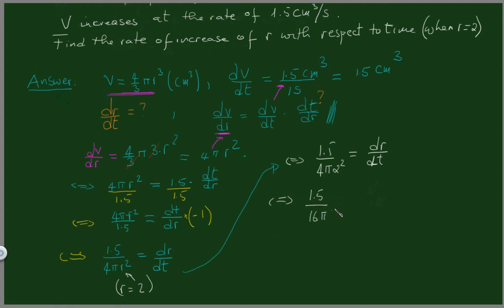Talking about the unit, remember this one here, we said it was centimeter cube per second, divided by the radius, which we squared, so centimeter square.